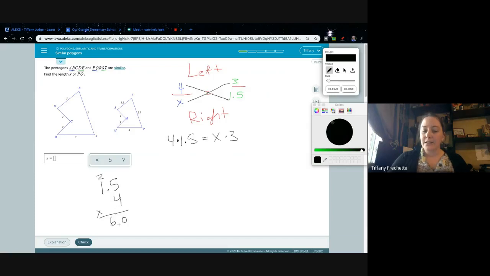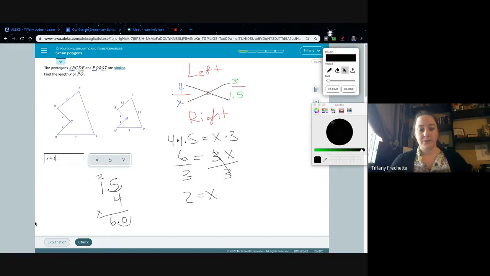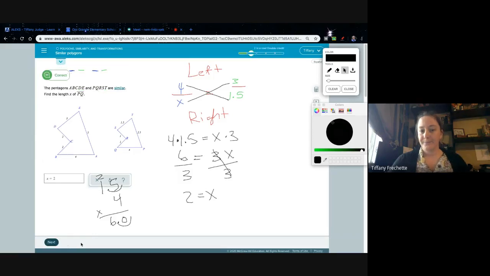Again, it looks like it's coming straight down, but it's really counting this decimal and then bouncing back that many times. So it becomes 6. We don't really have to put 6.0. You can if you want to, but you don't have to. 6 equals 3x, and then we divide by 3 on both sides. And then we get 2 equals x, because 3 divided by 3 cancels. All right, so let's go here and type 2. Check. And we're good to go.